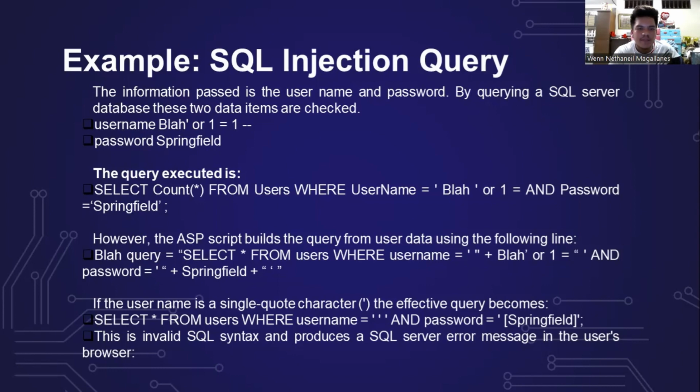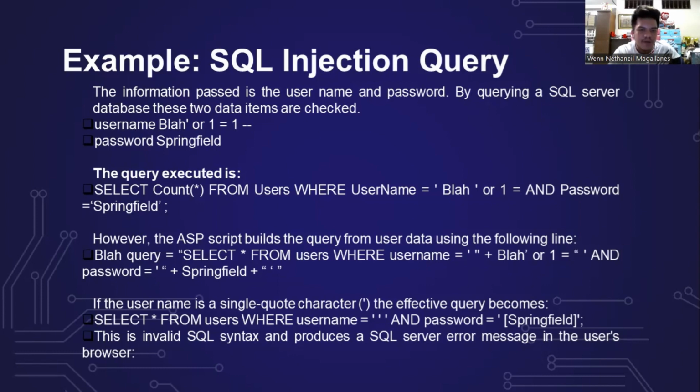However, the ASP script builds the query from user data using the following line: query = select * from user where username = 'blah' or 1=1 and password = Springfield.